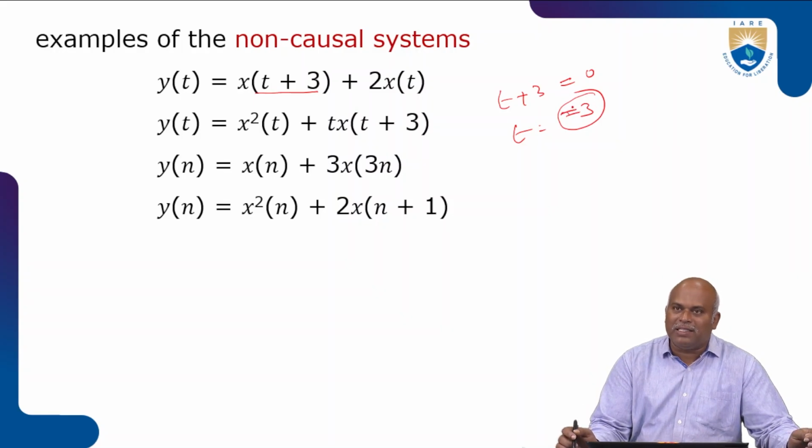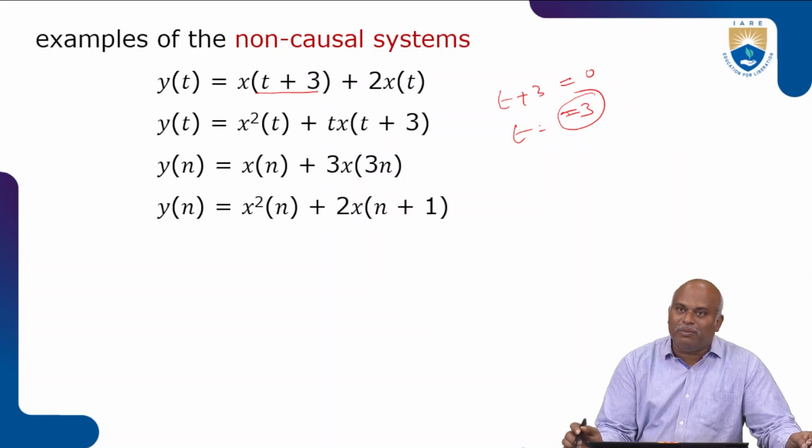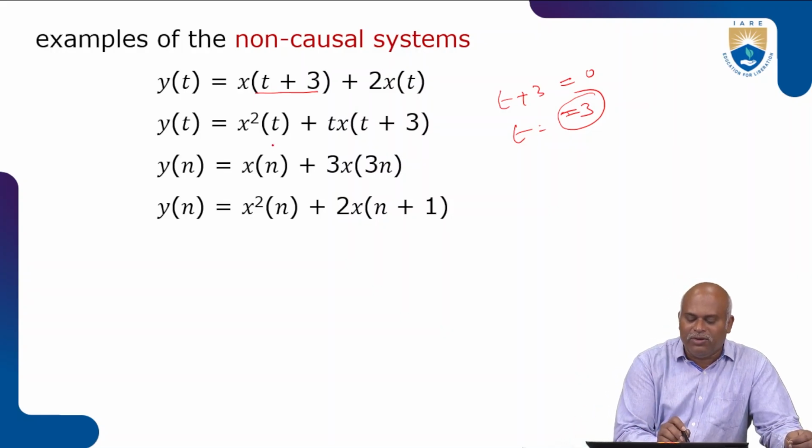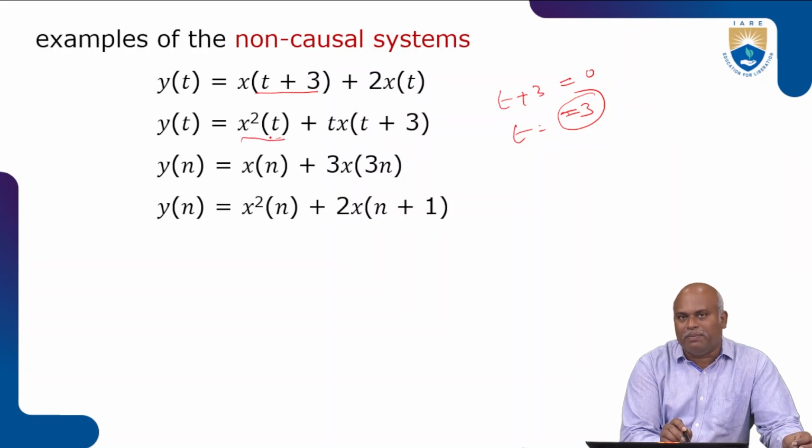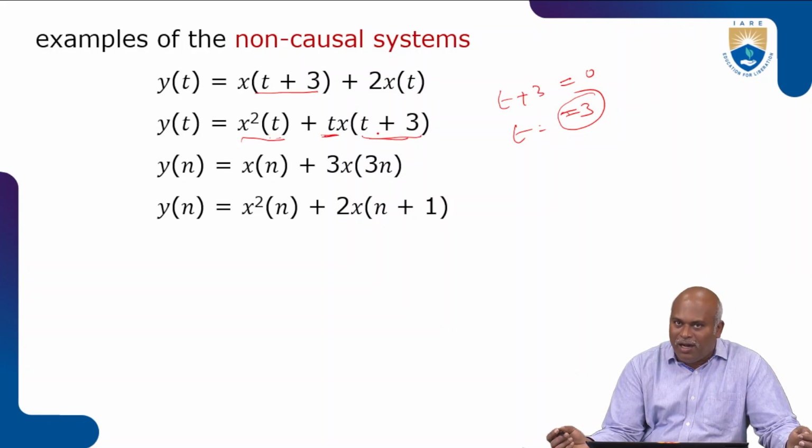If we get a minus value, it is represented as a non-causal system. Next, the term 2x of t doesn't have a problem; it is for present values. But the other terms here produce outputs for future values.